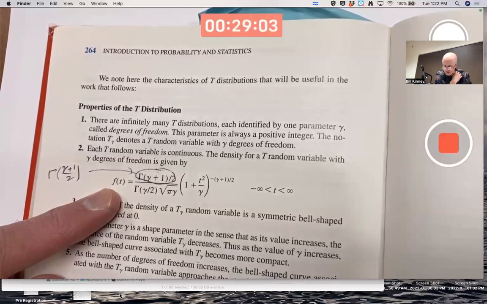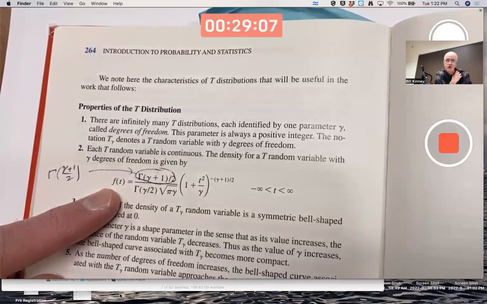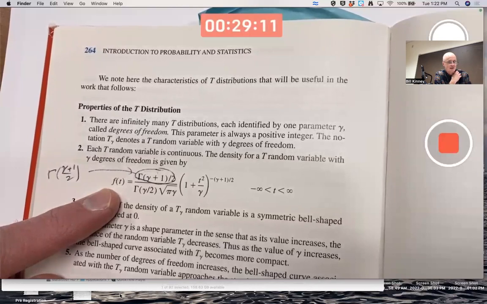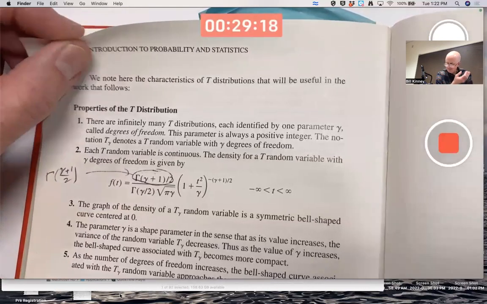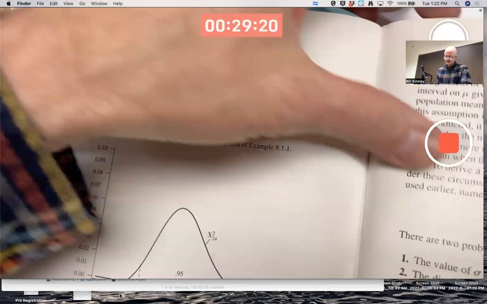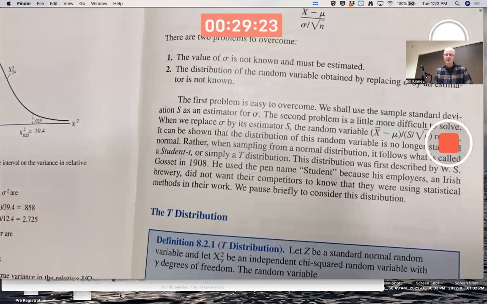Little gamma is called degrees of freedom. You could have 1 degree of freedom, you could have 2 degrees of freedom, you could have 3, etc. There's this PDF. How is it relevant? According to this theorem, or this definition, and another theorem that I'll show you in a minute, it's relevant.